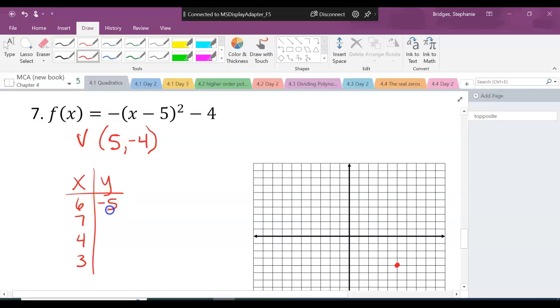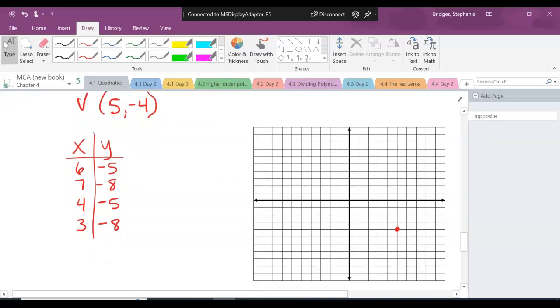So negative 5 and negative 8. And then you're going to do the same thing for 4 and 3. If I plug in 4, what do I end up getting? Negative 5. And if I plug in 3, I get negative 8. So, let's see. 6, negative 5, 7, negative 8. And then, again, those are just matched on the other side of my parabola.